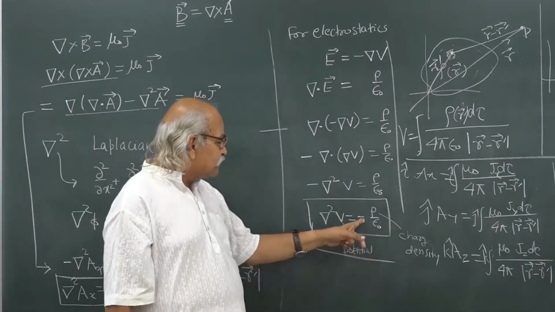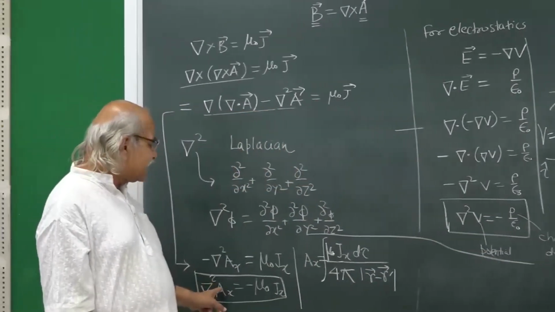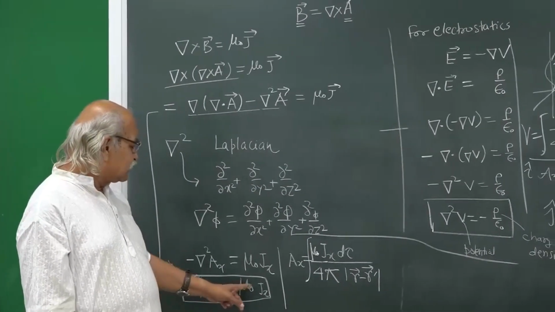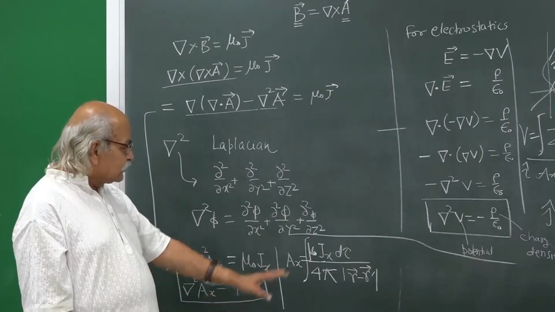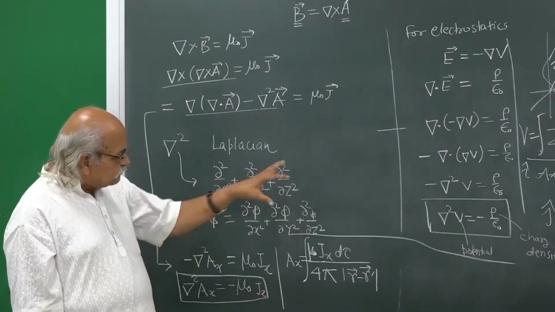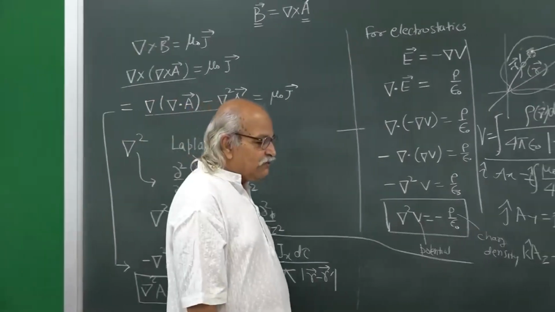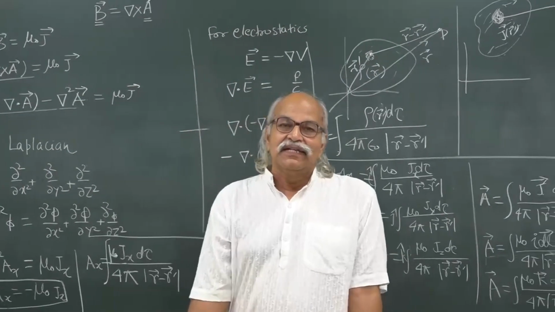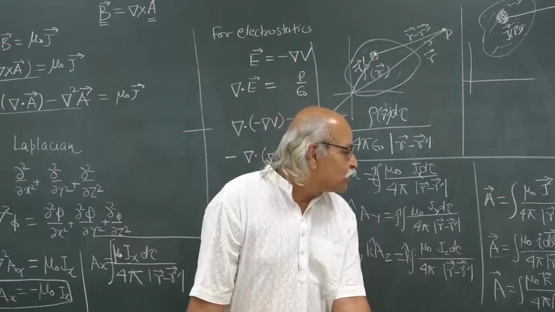Here, del square of the x component of vector potential is again minus mu naught times the x component of the current density. So, this similarity in the mathematical structure gives us an easy way to find the vector potential if the current distribution is given. And what is that?